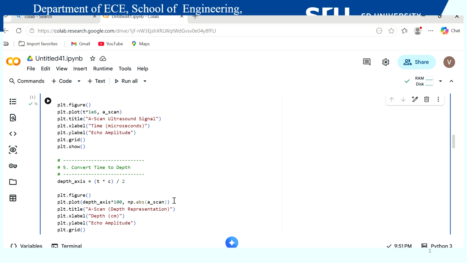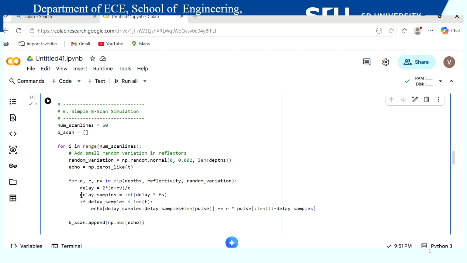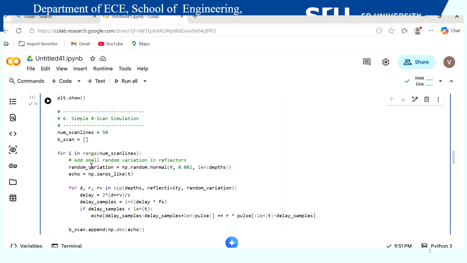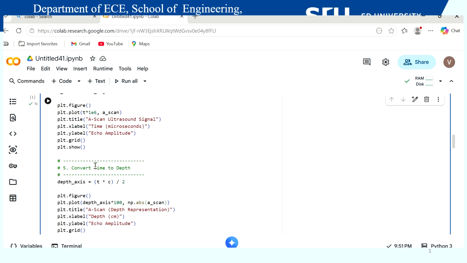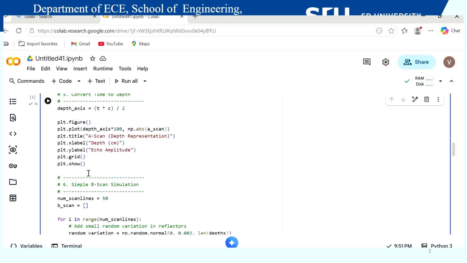And then the B-scan simulation. The equation is num_scan_lines equal to 50. So how do we get a B scan? We simulate 50 scan lines, like a probe moving sideways, and add small random variations.